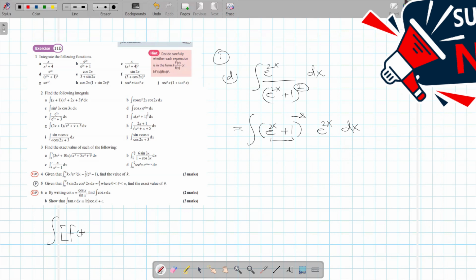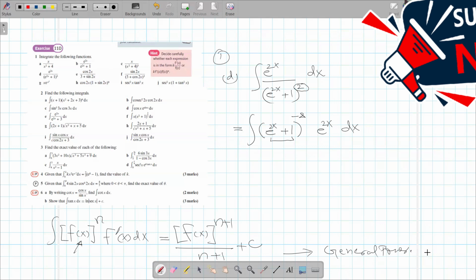Whenever we have an exponent on a function, and the derivative of the function inside the exponent is available here, then the antiderivative simply adds one to the exponent and divides by the new exponent. This is called the general power rule. Right, I remember now.